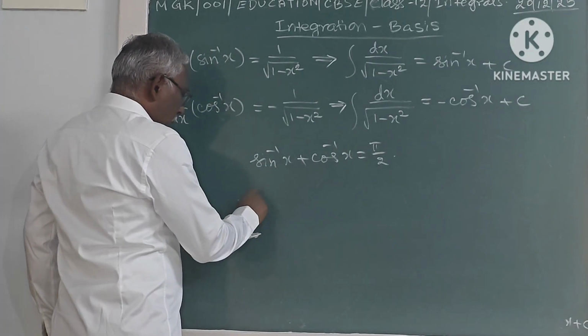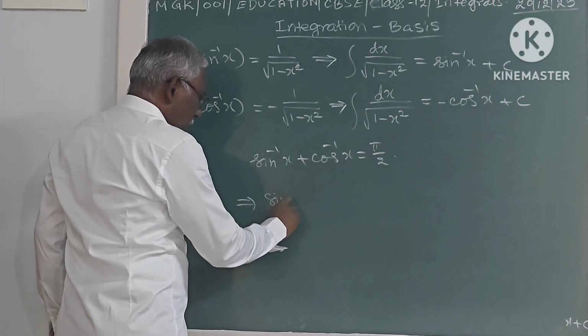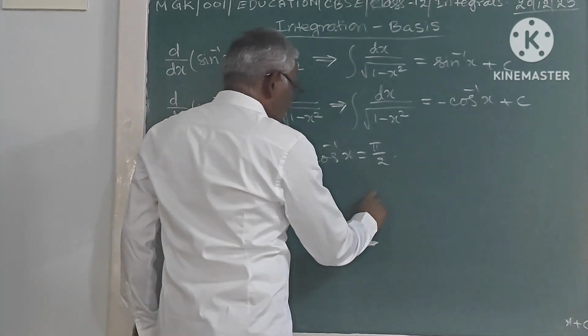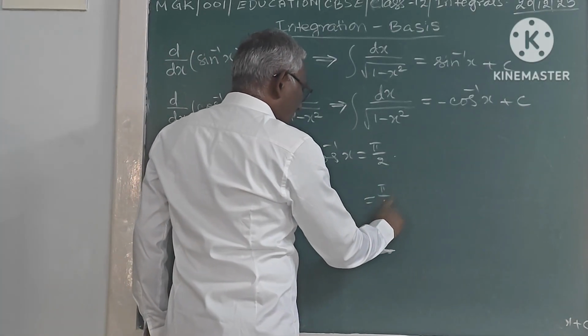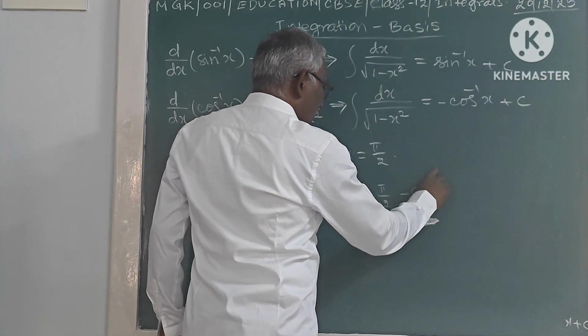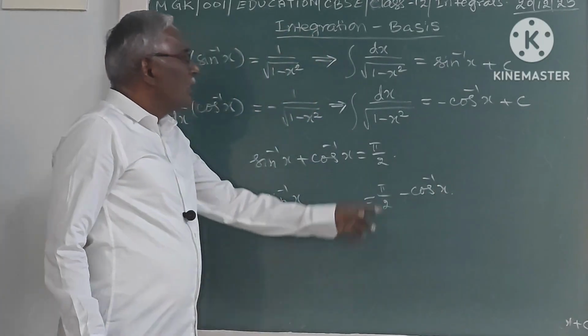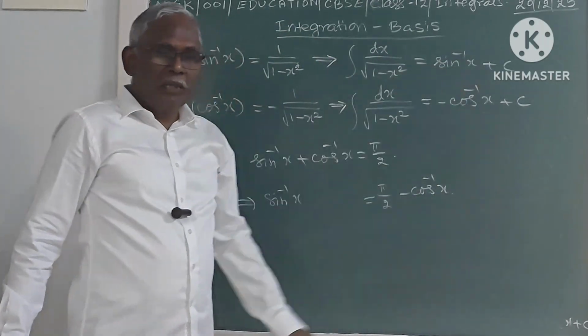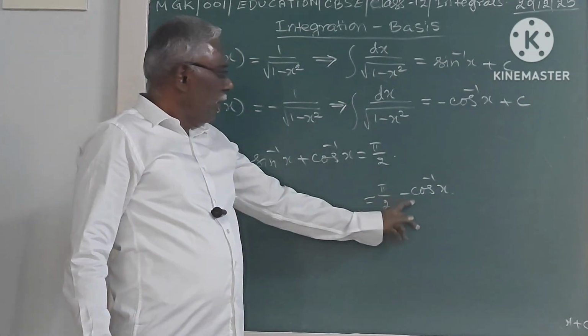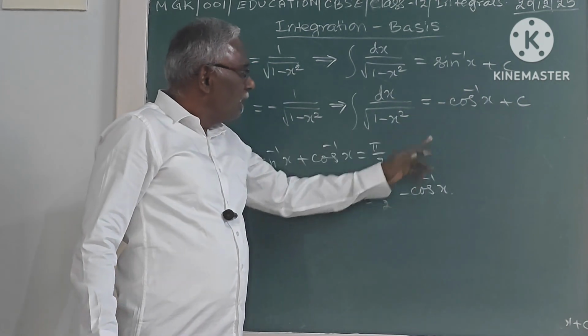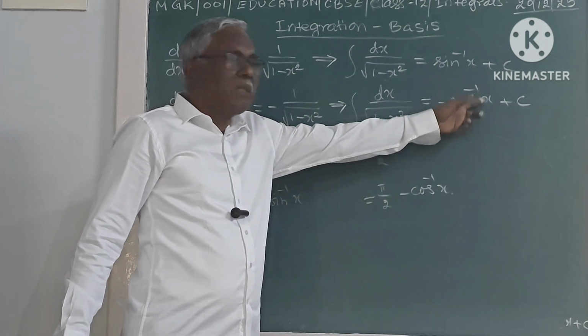This gives sin inverse x is equal to pi by 2 minus cos inverse x. That's why we get this value, sin inverse x plus c, same thing as minus cos inverse x. Both the c's are different.